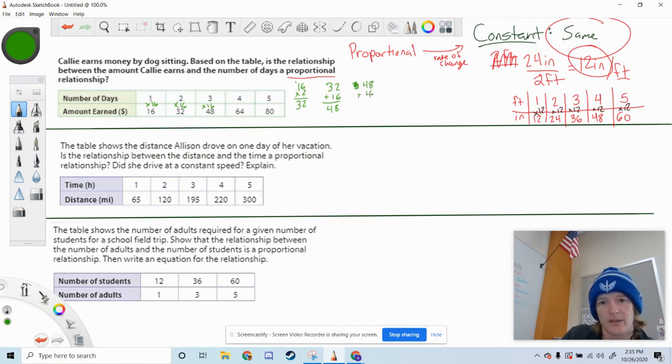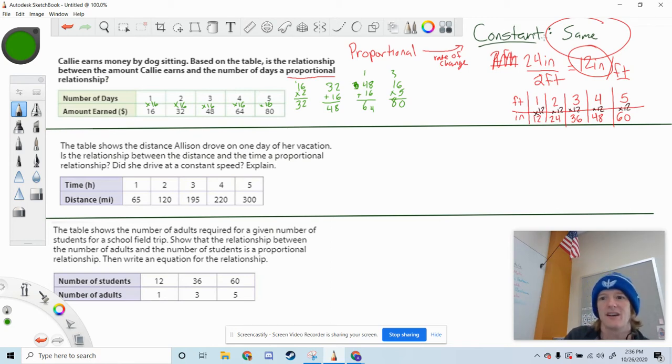48 plus 16 is 64. So that's good. And the last one's times 5, 16 times 5 is 80. So that's good too. We've proven these are all times 16, times 16, times 16, times 16.